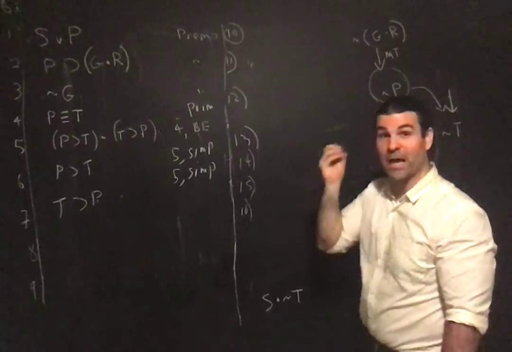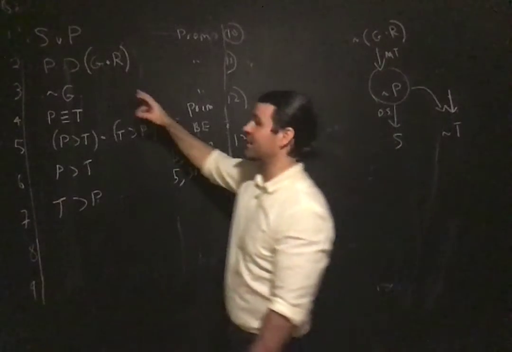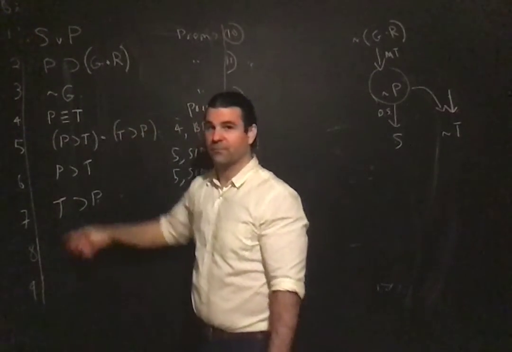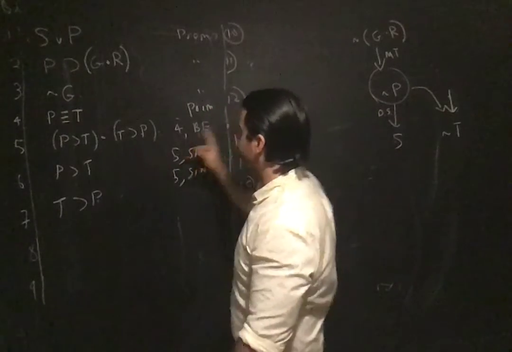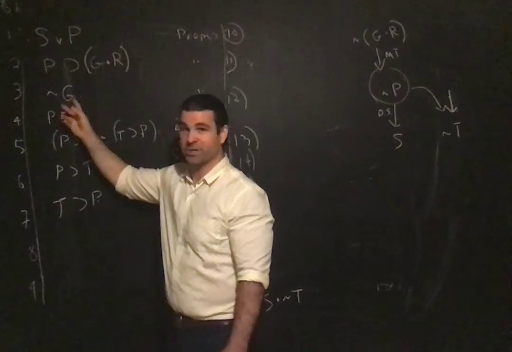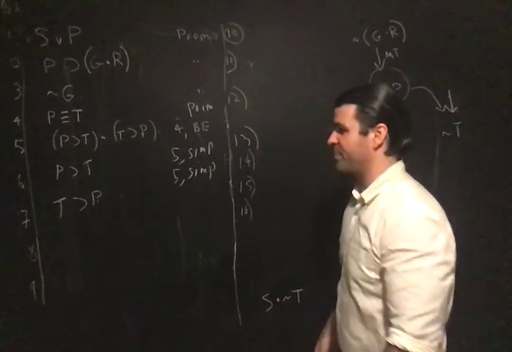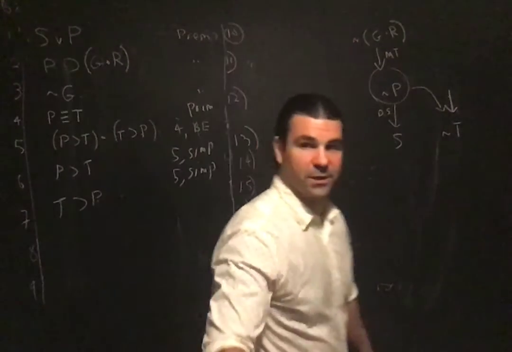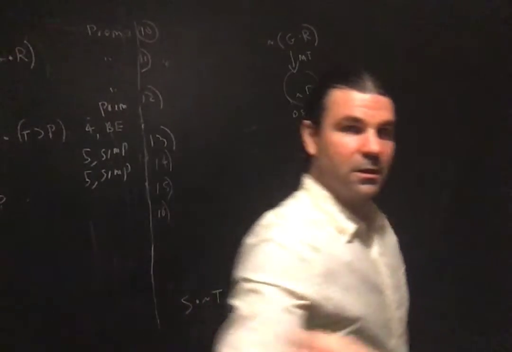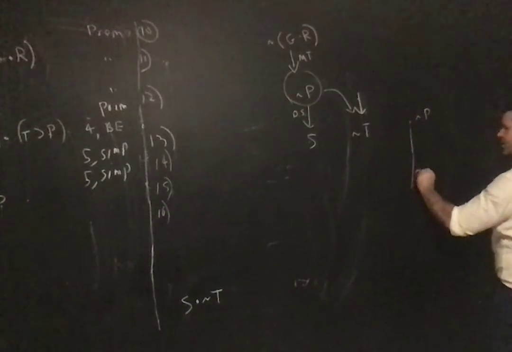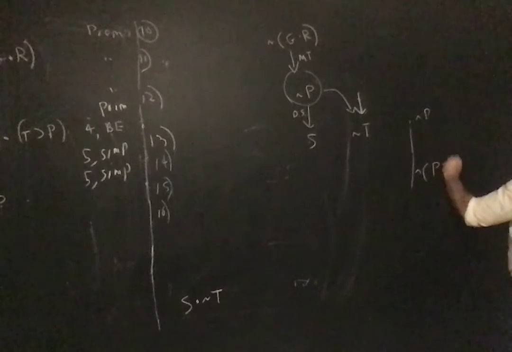At this stage you should have the aha: you need exactly not (G and R), and you realize the only thing you haven't made any use of is not G. If you remember the proof bit, what was it? It's from not P to not (P and Q), that was proof bit 3.